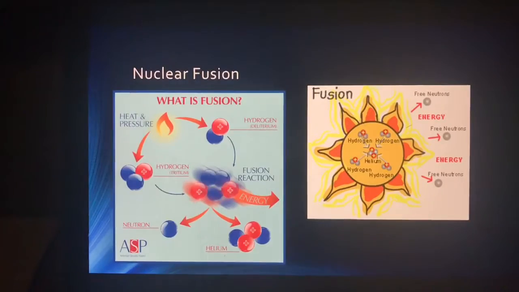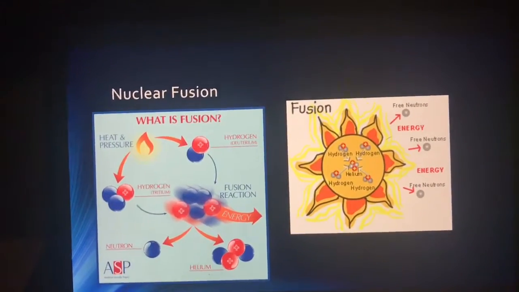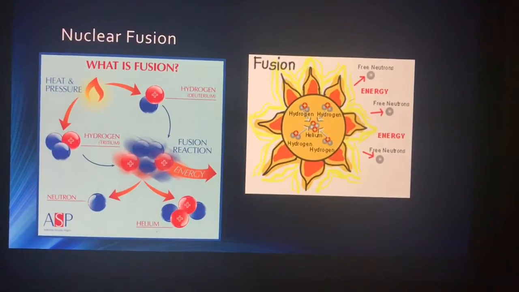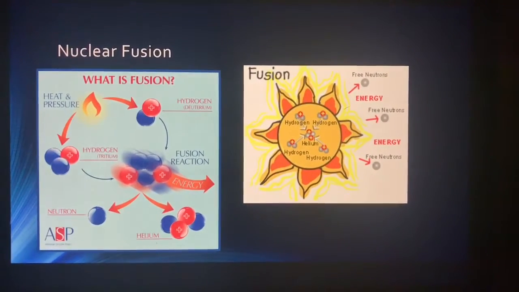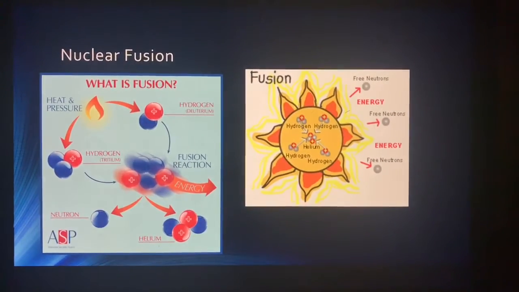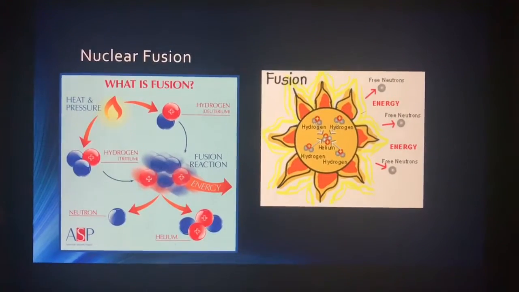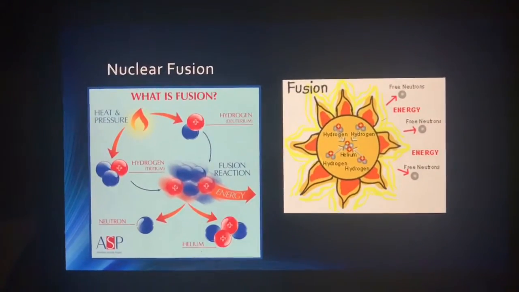So, the core of the sun is responsible for a reaction known as nuclear fusion. The gravity of the sun pulls its mass inwards, resulting in massive amounts of pressure, and it forces these lighter atoms to fuse together and form heavier atoms, which results in massive amounts of energy being released.